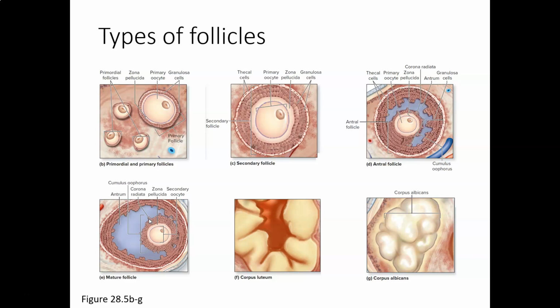In the exercise, you're supposed to draw and label the cells, right? The zona pellucida, granulosa cells, and antrum too. So it would be best if you draw that and then compare them, so that you'll have a better understanding of different life stages of a follicle, because for each one of the mature follicles, you would have to go through all these stages. So this is really just a kind of life cycle diagram.